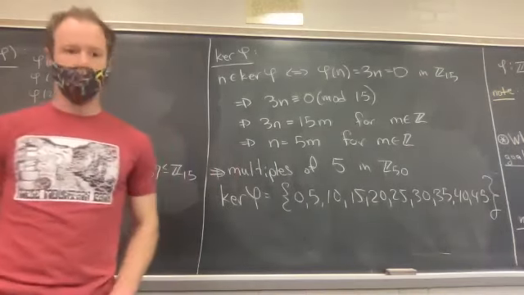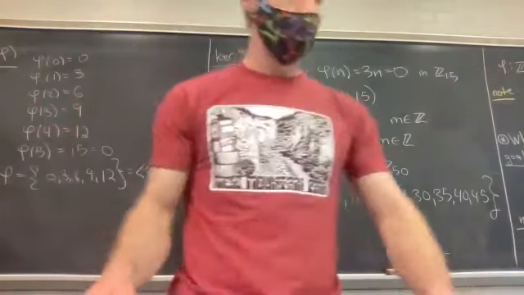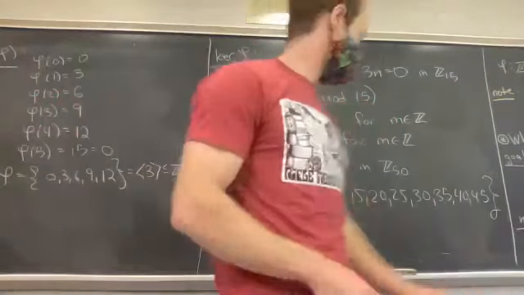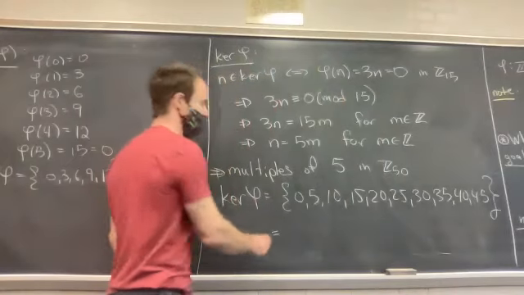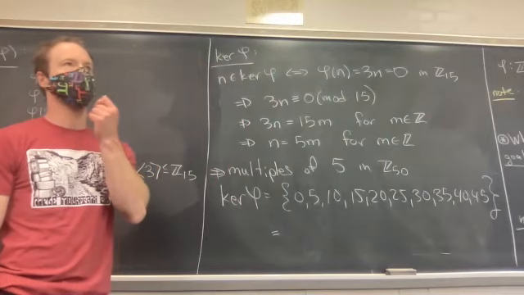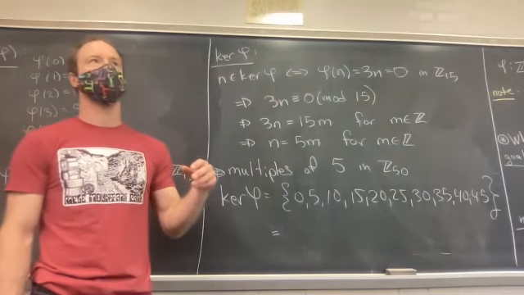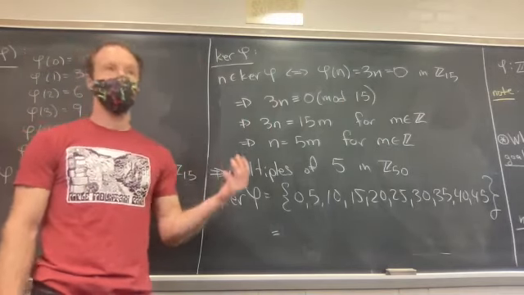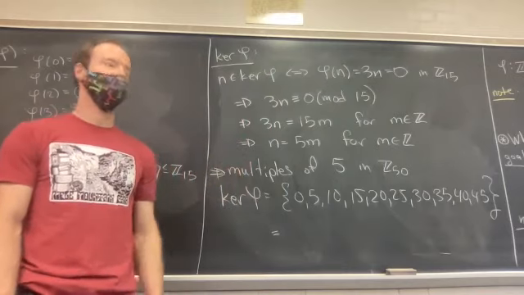Now let's do one more. Maybe I want to point out that the kernel is always a normal subgroup of the domain. The domain is cyclic. That tells us that the kernel has to be a cyclic subgroup, because every subgroup of a cyclic group is cyclic.